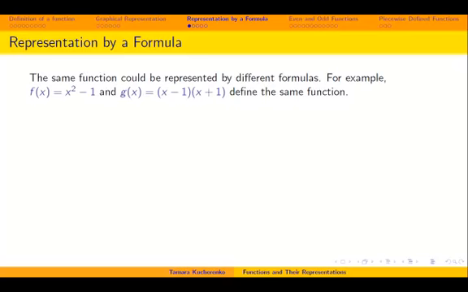The same function could be represented by different formulas. For example, f(x) = x² − 1 and g(x) = (x − 1)(x + 1) define the same function.